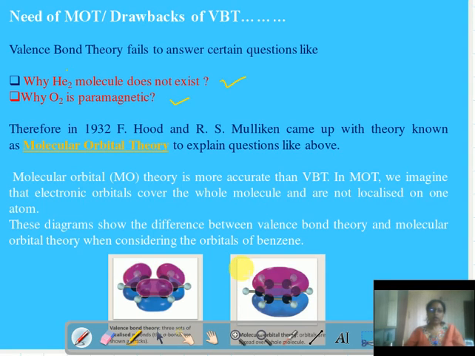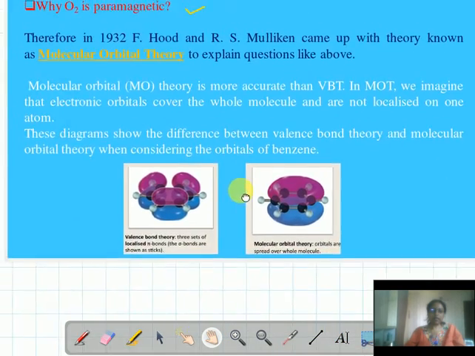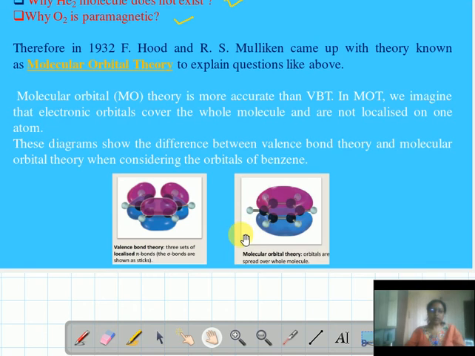If you look at this picture, you will understand how we can differentiate between valence bond theory and molecular orbital theory. You see here the electrons are localized on top of the atoms, but here in molecular orbital theory you can see the whole electron cloud is delocalized on top of the whole molecule.